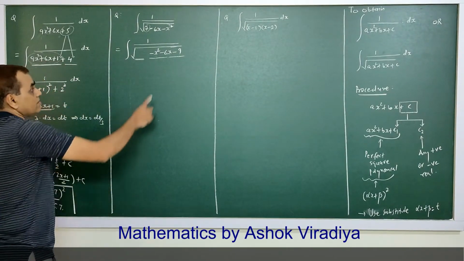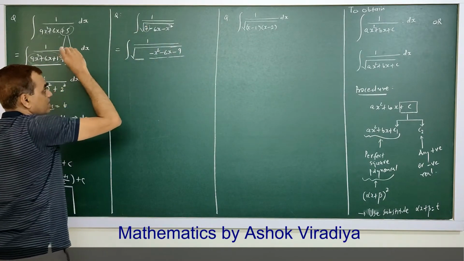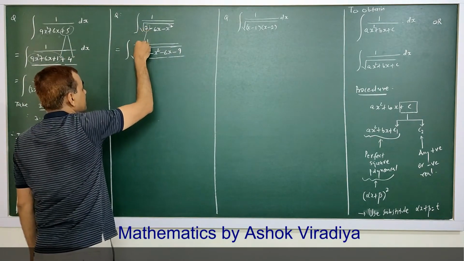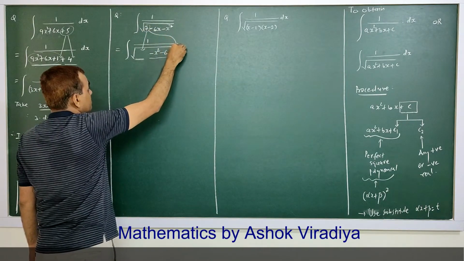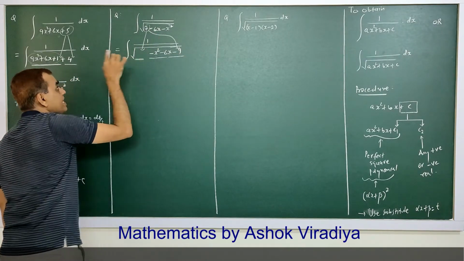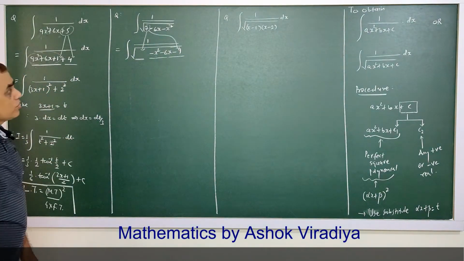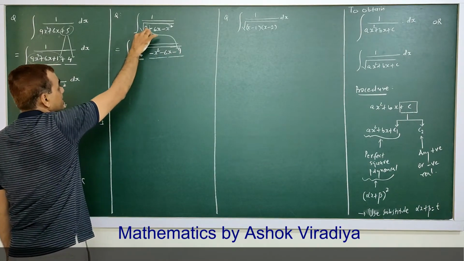So here minus 9 is taken, but we are given 7 and we are splitting 7 into two parts. One part is the last term of the perfect square polynomial and the other part is the remaining number. So this should be 16. 16 minus 9 is 7.